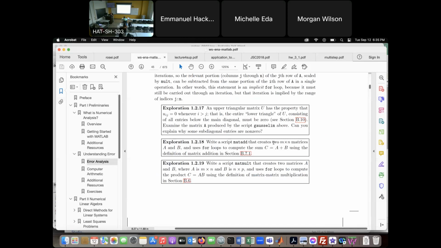Yeah. M colon N is numbers between M and N. You need to use a random matrix. You can use the rand function. Remember that from previous problems?